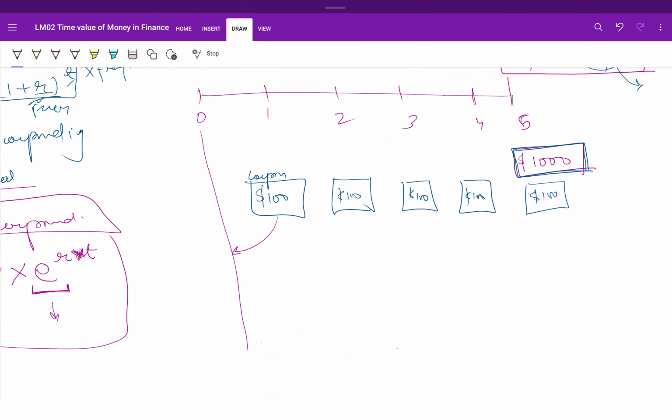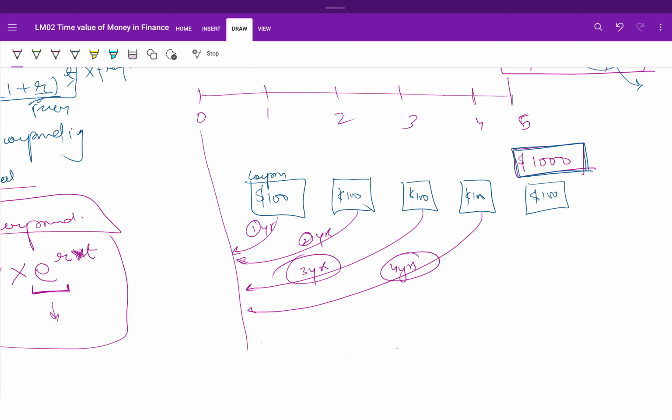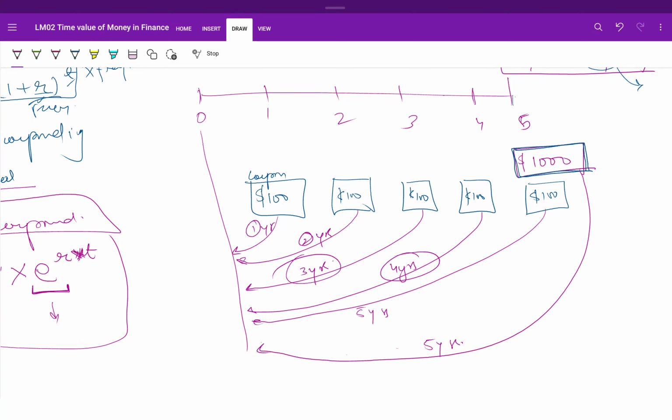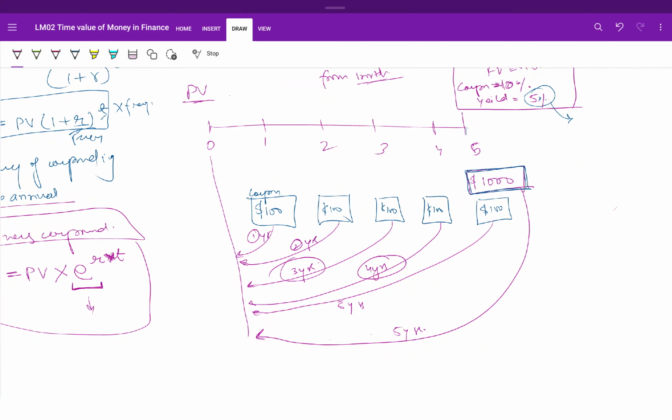We are going to discount this one for 2 years, this for 3 years, this future cash flow for 4 years, and this $100 for 5 years, and we are going to discount this $1,000 separately for 5 years. We will add every value at time zero, and this is going to give us our present value.